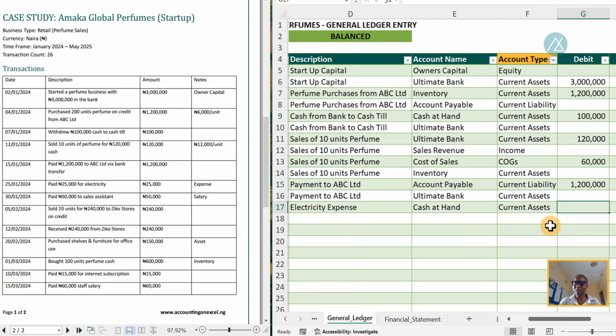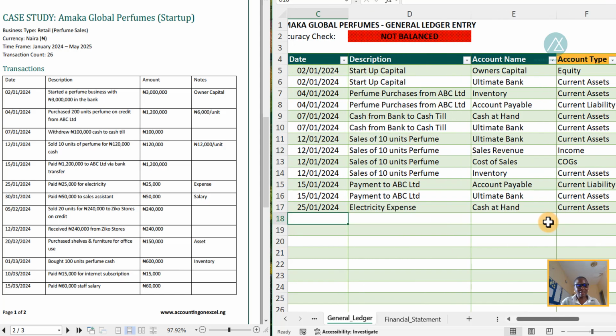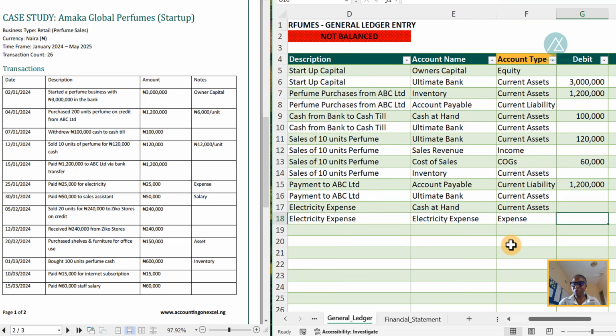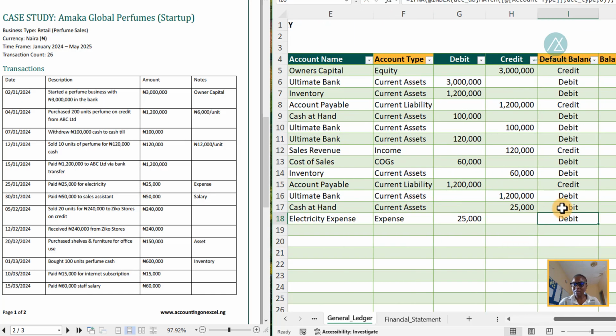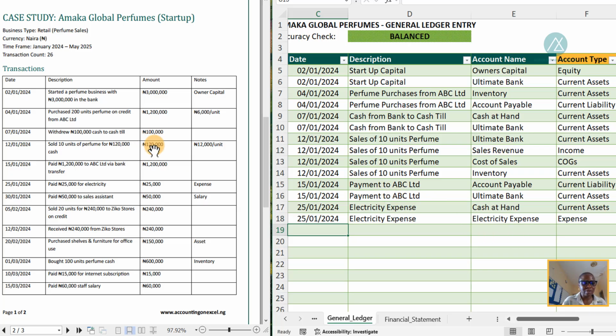Yes, let's assume that. So money left, so it's credit. So let's just start with the credit first. Then the next leg of the entry is electricity expense. Let's see if we have electricity. Okay, there is an electricity expense. So you go there and input 25, it is a debit. Expense is a debit balance. So that is it for electricity expense.